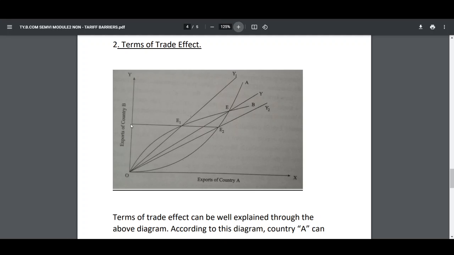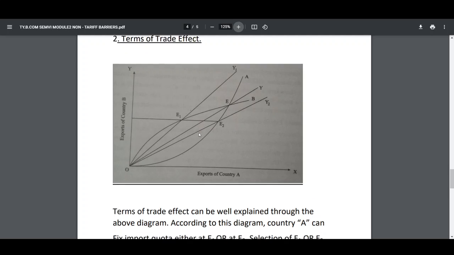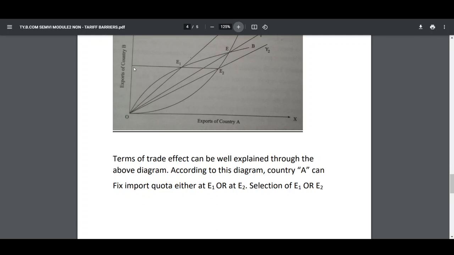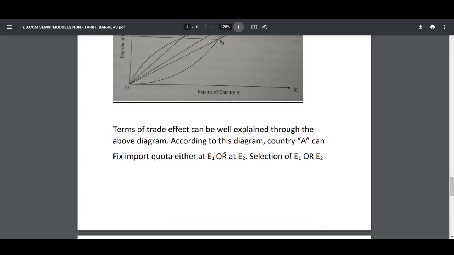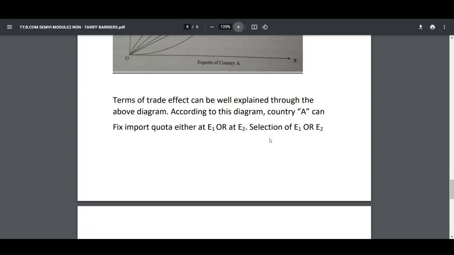Here OQ is there, but in the textbook Q is not there. You have to write Q in your notes. So OQ is the quantity of exports and there are 2 points E1 and E2. In this diagram, country A can fix import quota either at E1 or at E2.